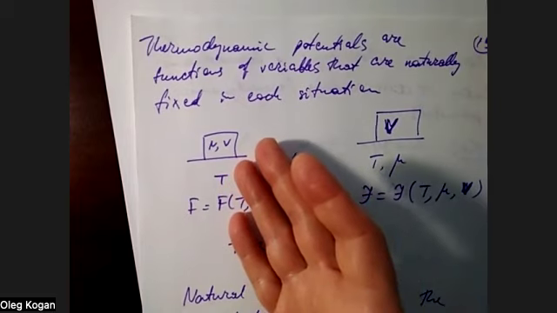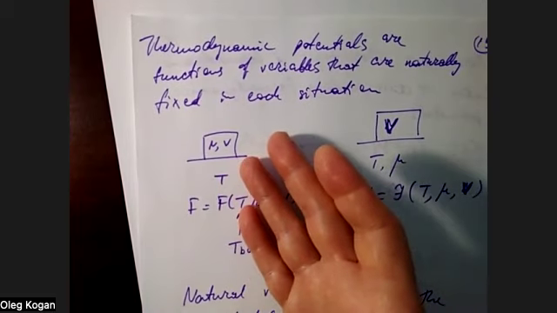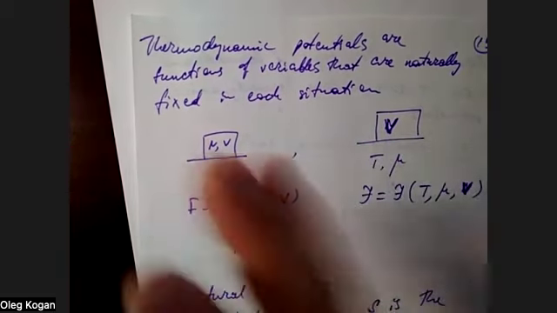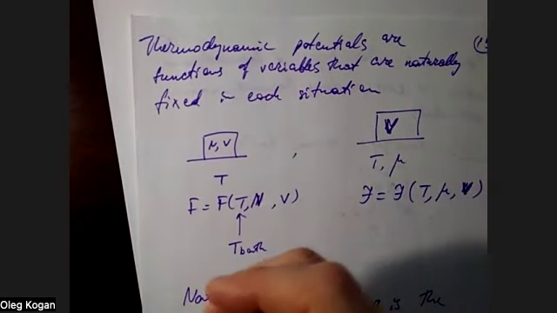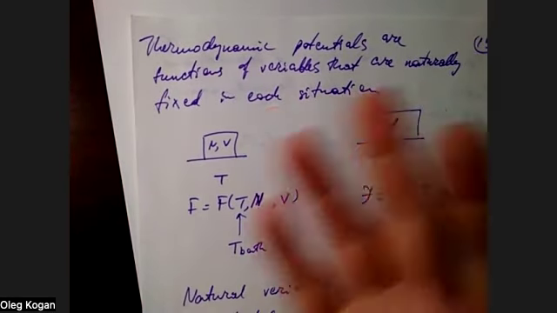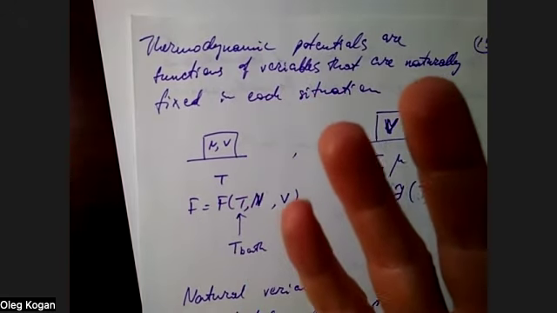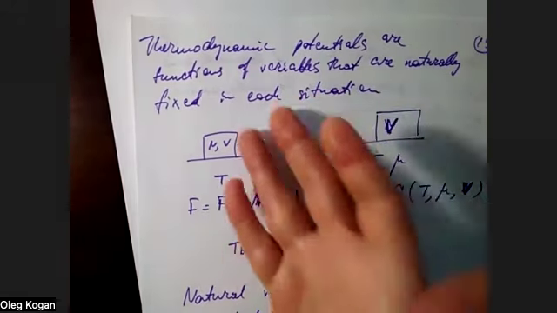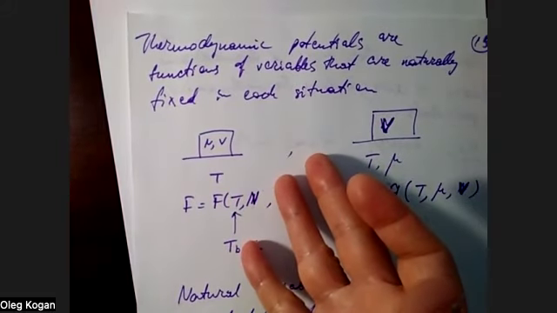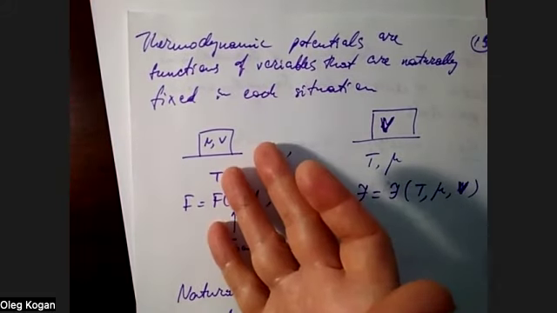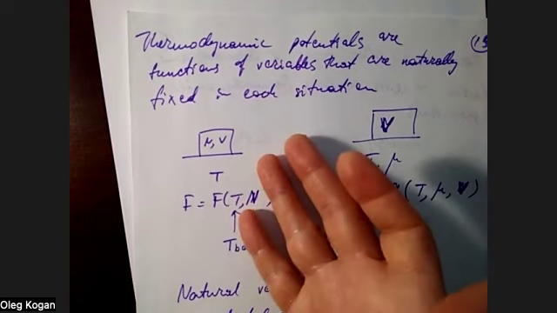When you have a molecule being jiggled by the thermal bath, the number of particles stays constant. The volume is not even a relevant variable there, and it's just exchanging energy with the environment. Then the right kind of thermodynamic potential is the Helmholtz free energy.